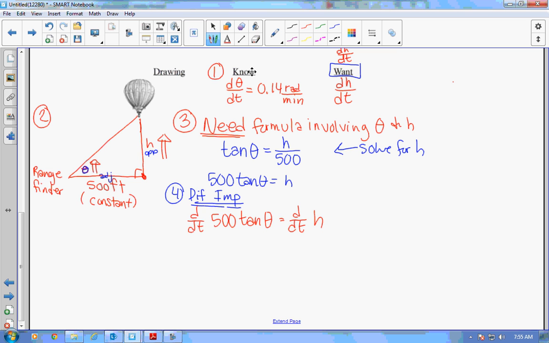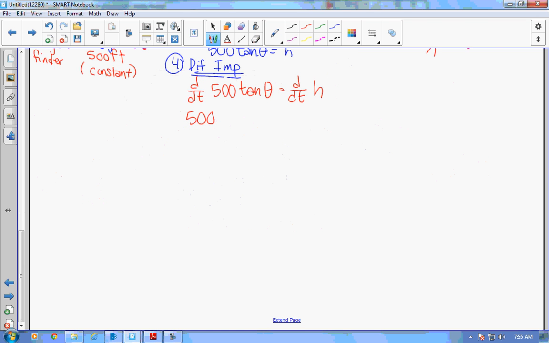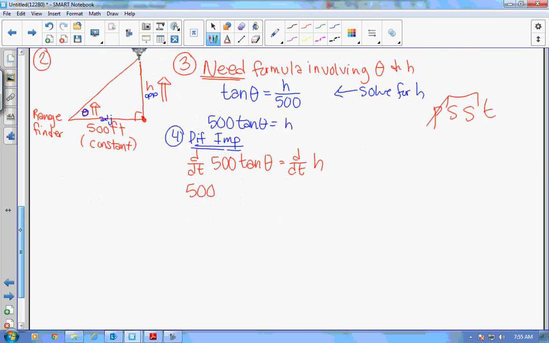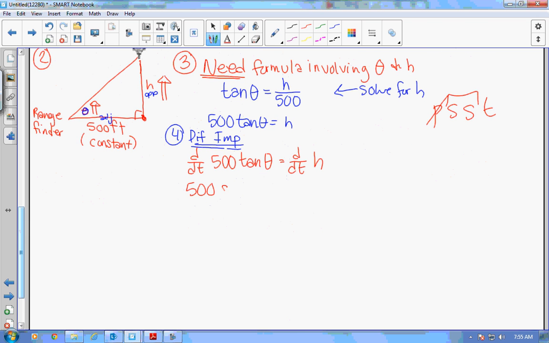So, derivatives of tangent. What's our little reminder of how to find derivatives of secants and tangents? I saw this on some of your tests, which is awesome. So the derivative of tangent is secant squared. Okay, so 500 is just a constant. It's not going to change. It would be secant squared, what?